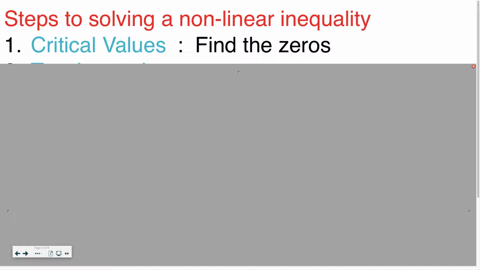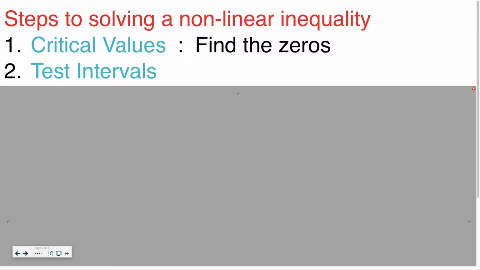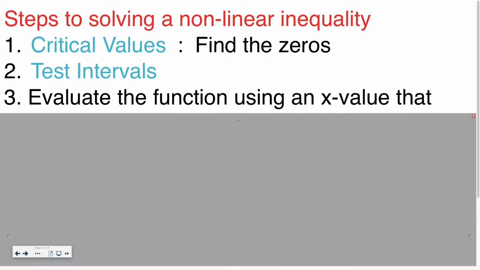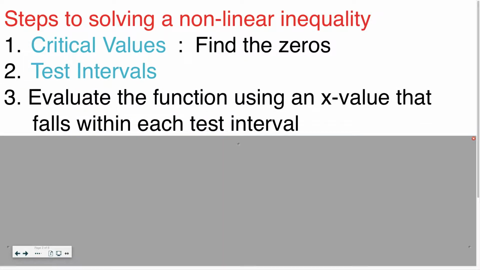I'm then going to ask you to put these zeros on a number line. Basically, we're just going to plot them on an x-axis, but leave out the y-axis. We need to test our intervals to figure out which ones work and which ones don't. We can think about the graph, but then we could also think about which intervals satisfy our inequality.